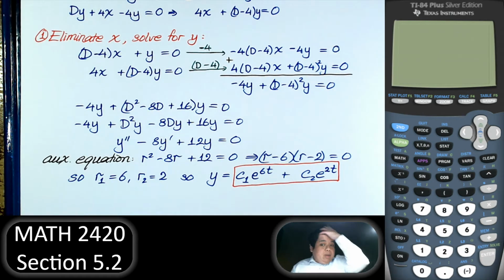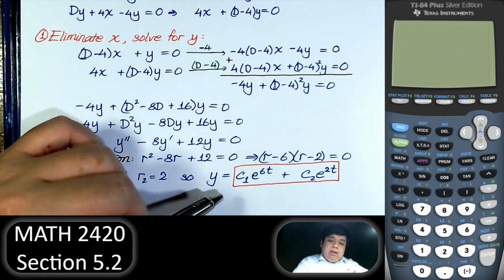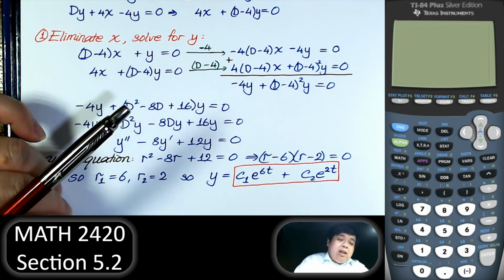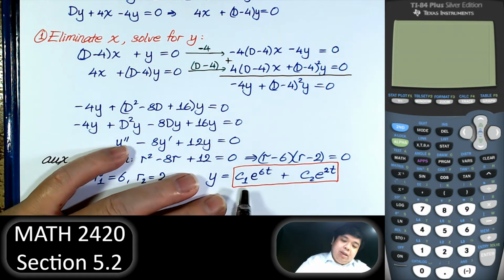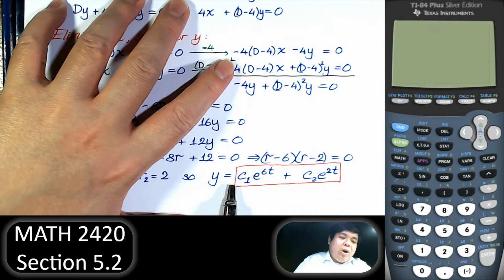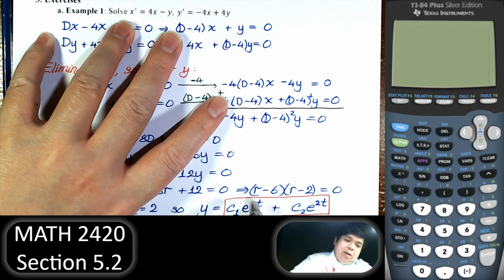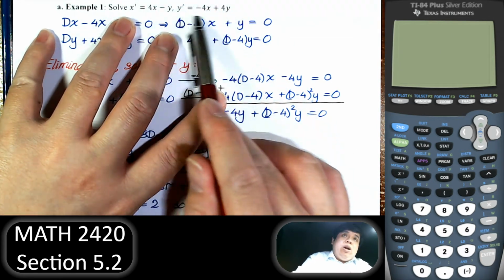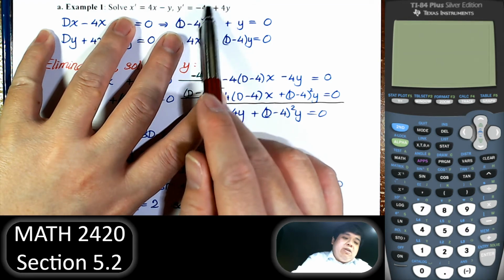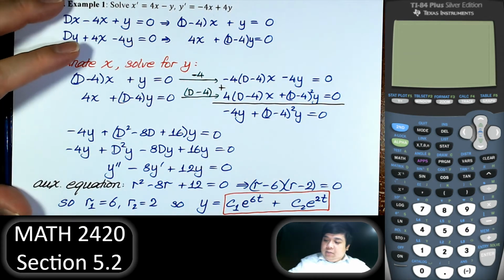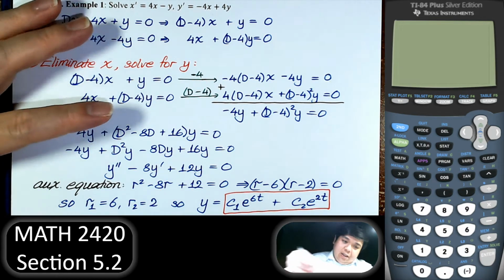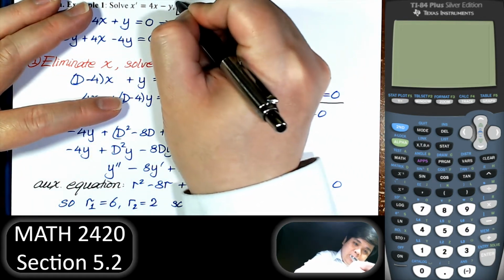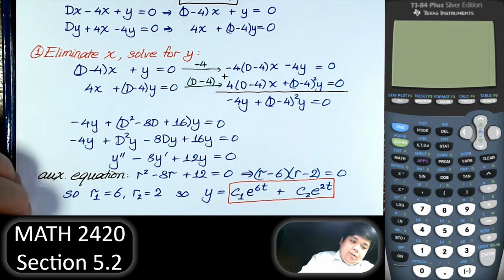Of course, we could do the same thing, eliminate y and solve for x. But since we have y already, now just substitute this back and solve for it. Now, if we have to solve for x, which one is easier to solve for? Well, if we have to substitute y back into this to solve for x, I will go with the second equation, because the second equation will only have the derivative here and x.